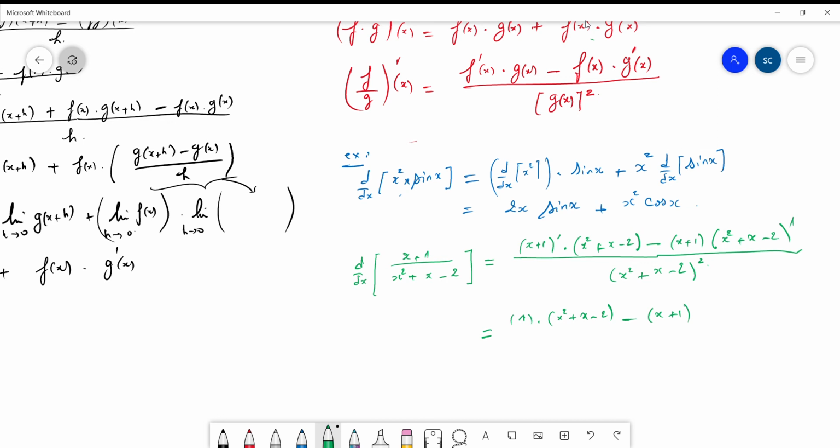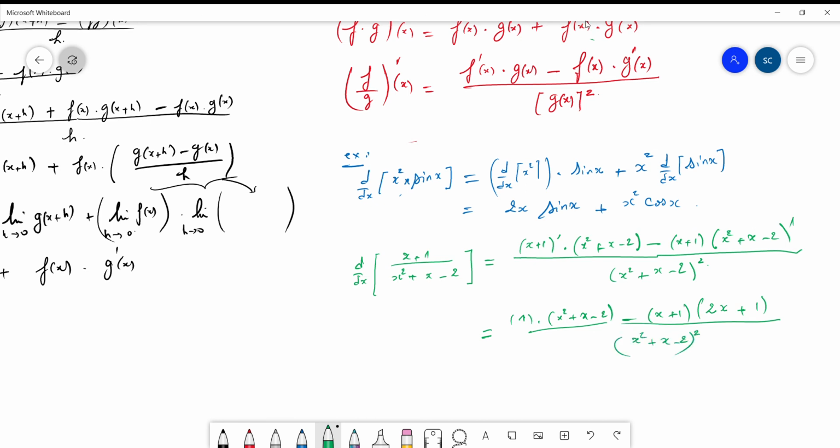I see it as a sum of power functions: the first gives 2x, decreasing the power 2 by 1 unit, plus the derivative of x, which is 1, and the derivative of the constant is 0. All over (x^2+x-2) squared.